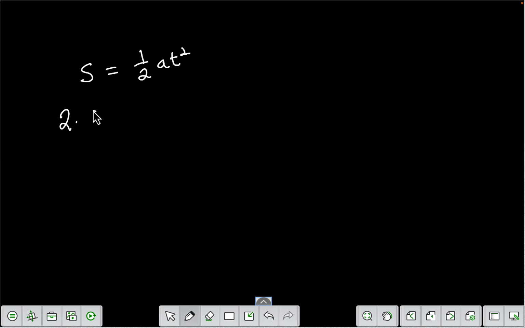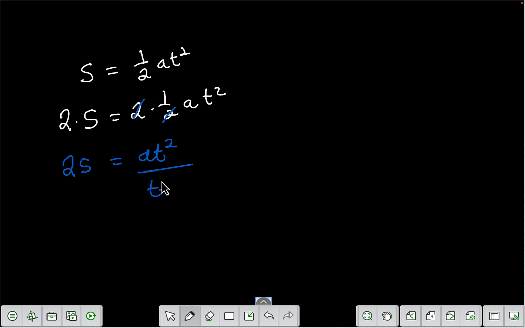So 2 will multiply s, and then 2 will multiply 1/2 at squared. So here 2 is going to cancel 2, so we're going to have 2s equals at squared. So we can divide by t squared, and then a is equal to 2 times s over t squared.